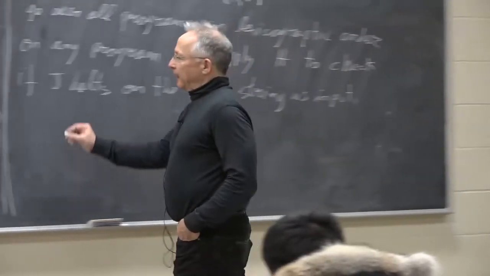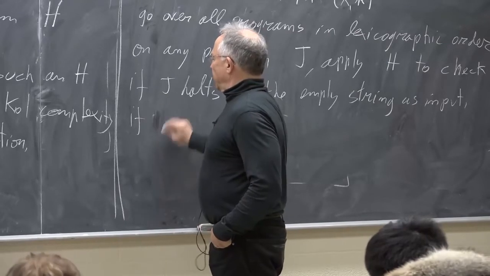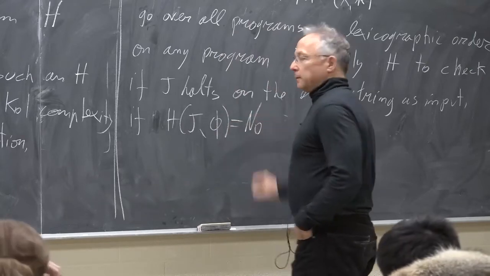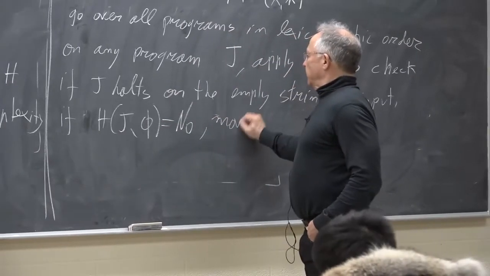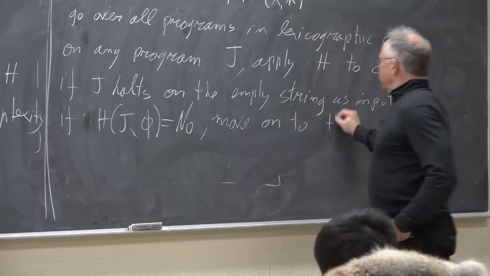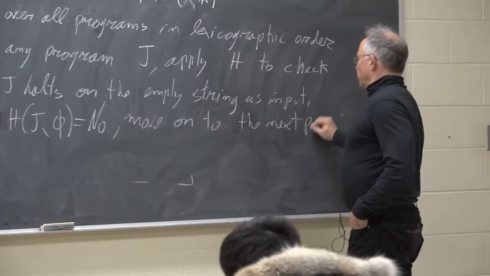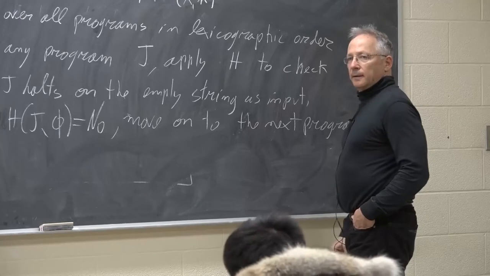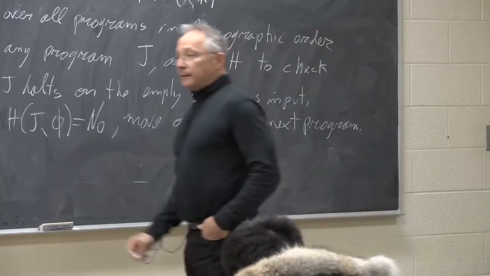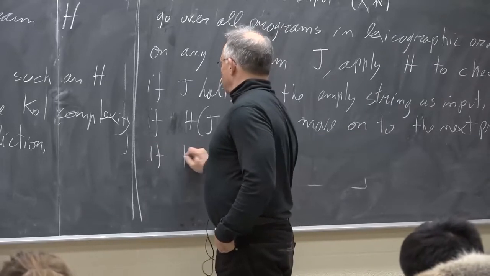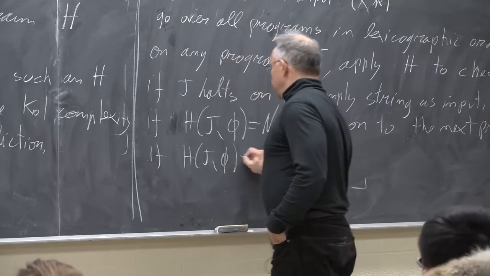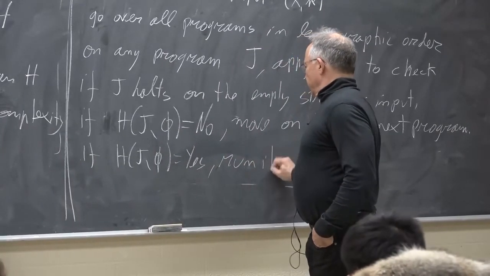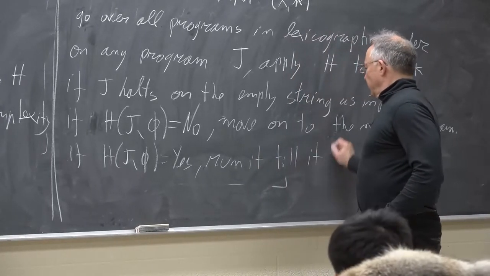If H of J on the empty string is no, just move on to the next program. If H of J on the empty string is yes, you know it's going to halt. Just run it till it halts.